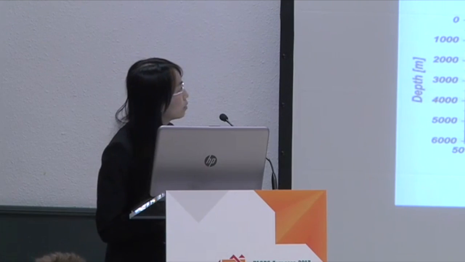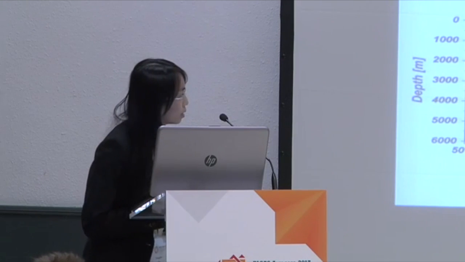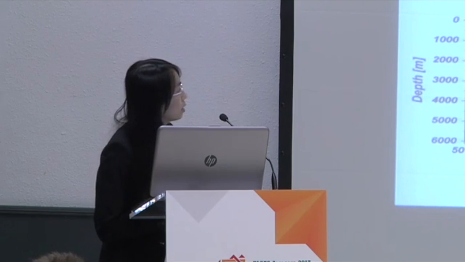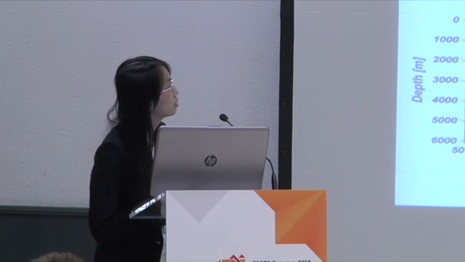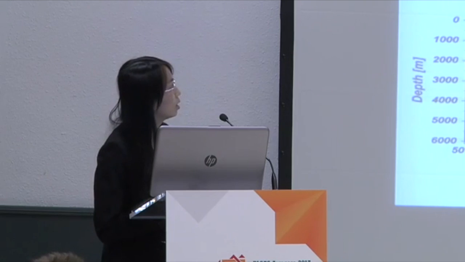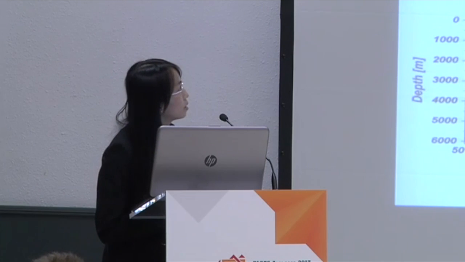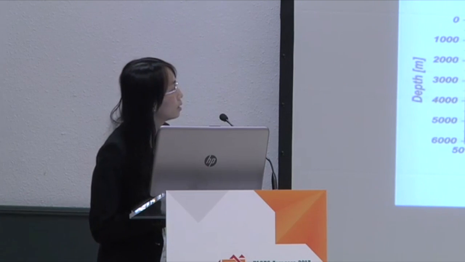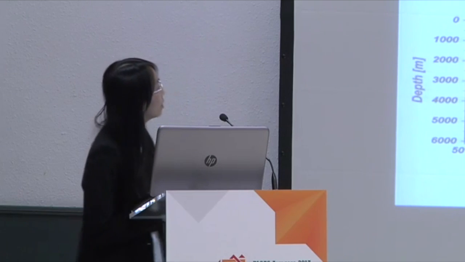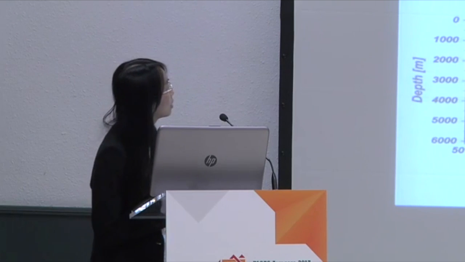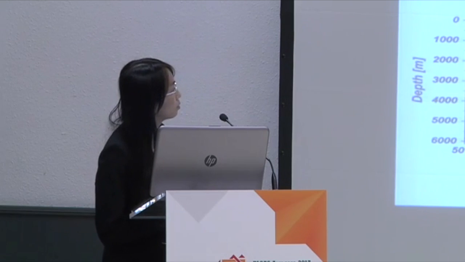And the northernmost stations at the equator show very strong influence of NADW, which consists of three components: upper, middle, and lower NADW. And the AIW signal decreases from south to north.